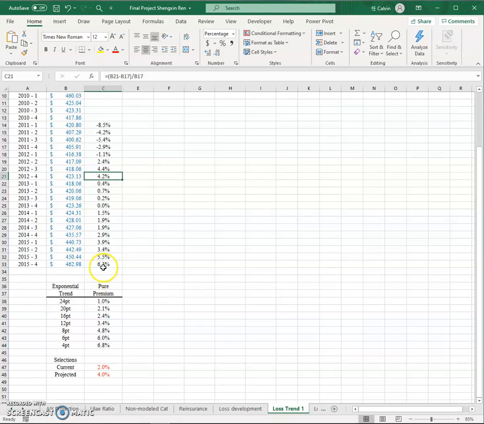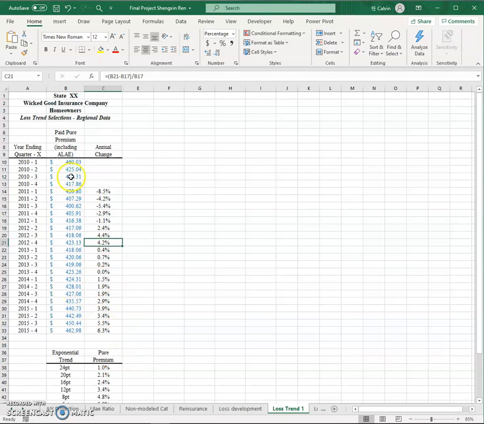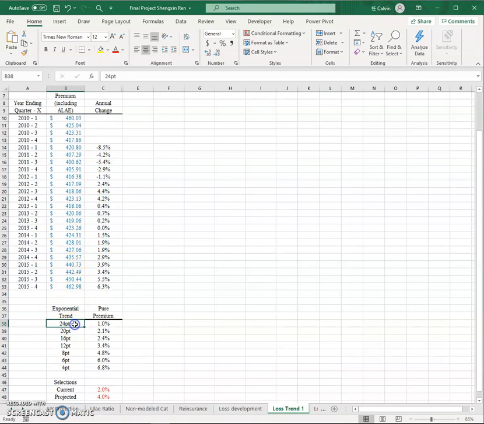What else we need to do is find the exponential trend and pure premium. Here we have 24 numbers total, so our longest trend is 24 points, and the shortest is just 1 year, 4 points.